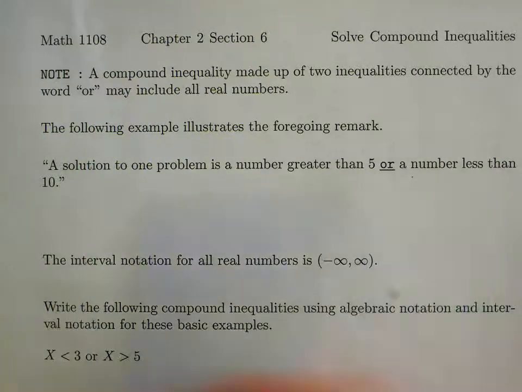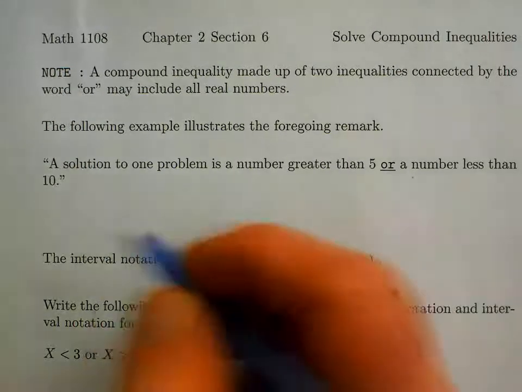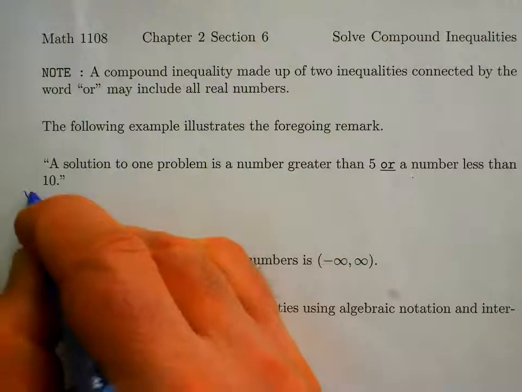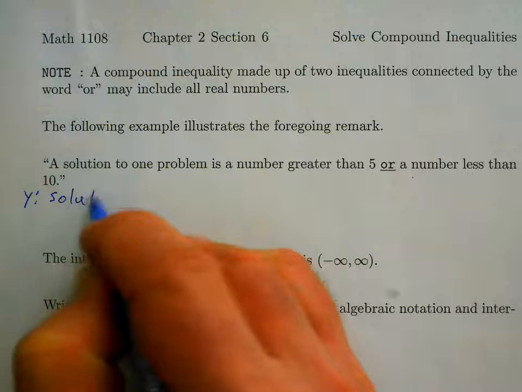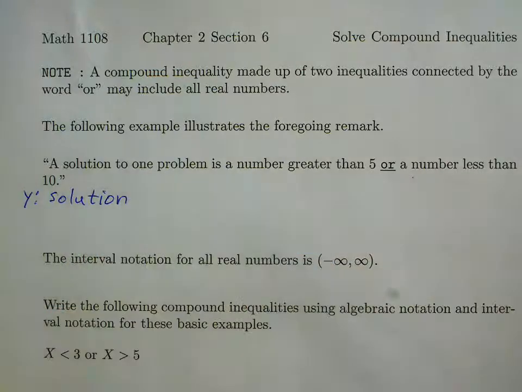So if we write down the algebraic notation, why don't we use a different letter? I'll pick Y to represent the solution that's referred to. So a solution Y to one problem is a number greater than 5.